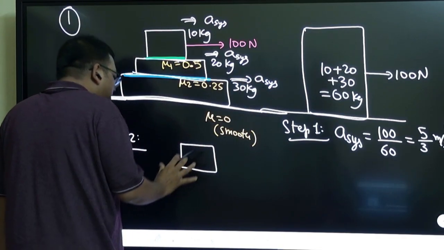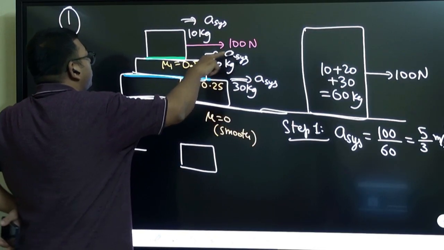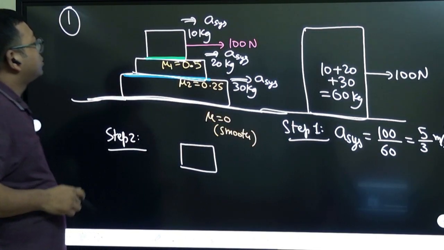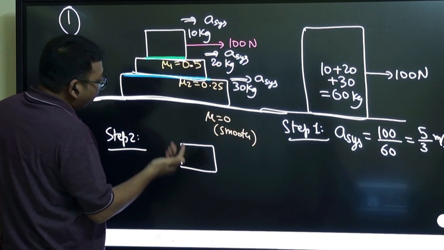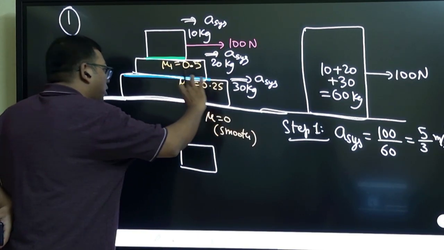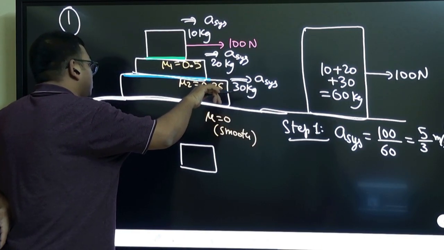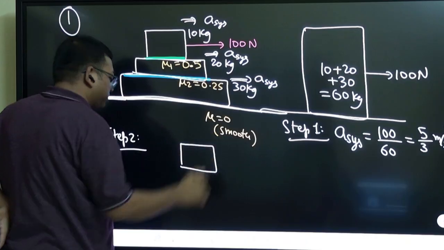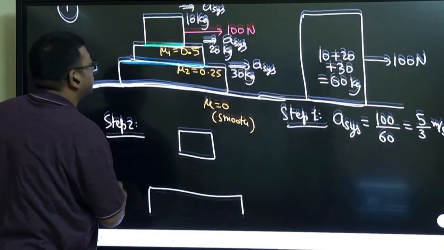So if the upper block is moving that side, anyway here the friction we have already applied. So I think you start looking from the bottom first. See, the bottom is moving that way. That means the lowest block, let's take the lowest block first.